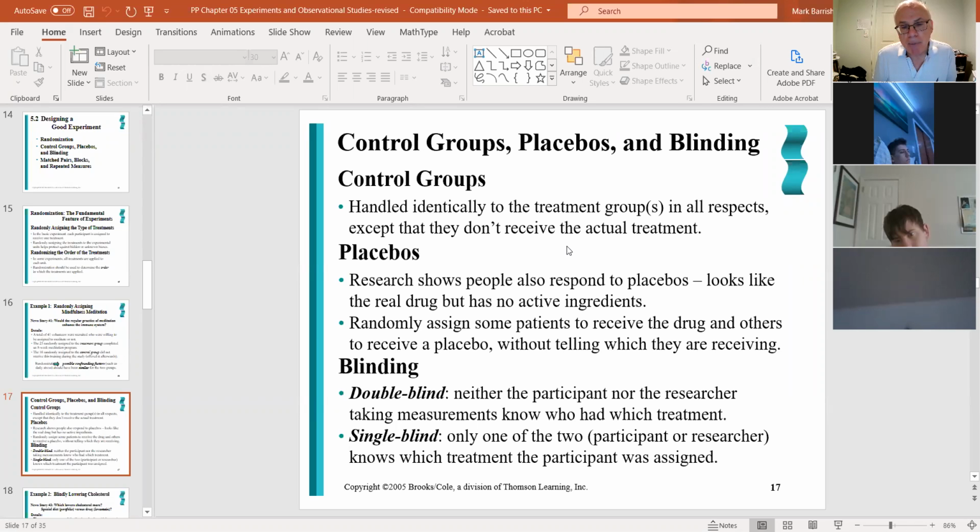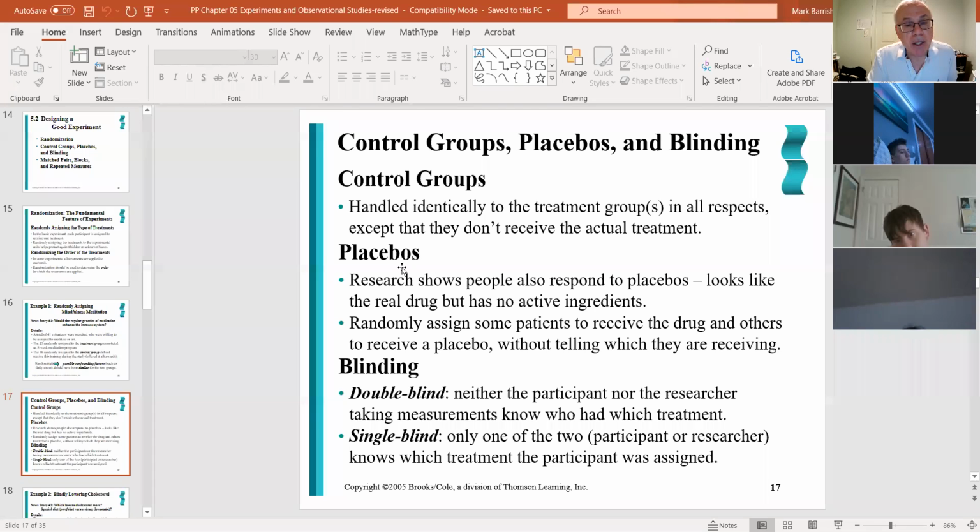So to negate that effect, we don't allow participants to know whether they're getting a placebo or not. And that's why we have this placebo group.